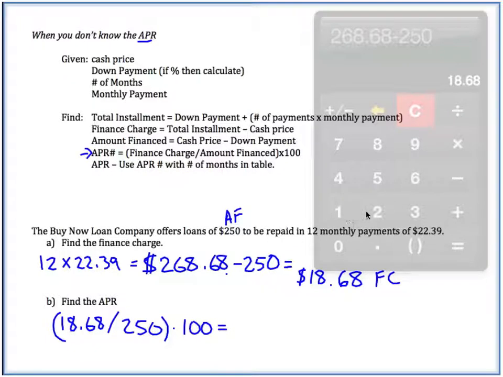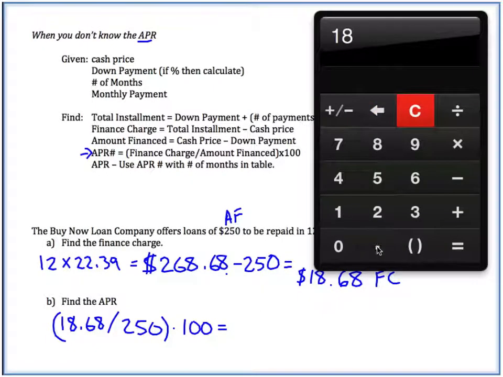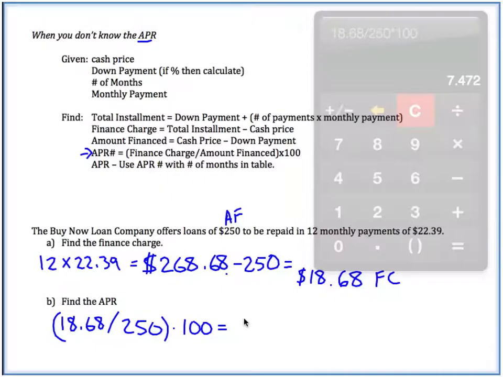Okay, so we got our 18.68 divided by 250, and then times 100. Okay, and it gives me an APR number of 7.472.